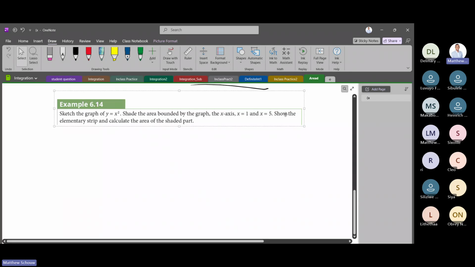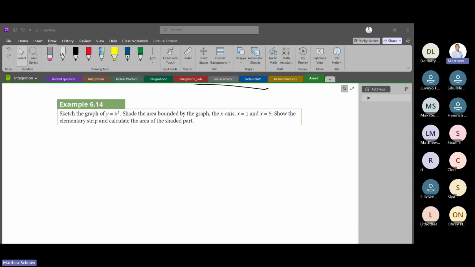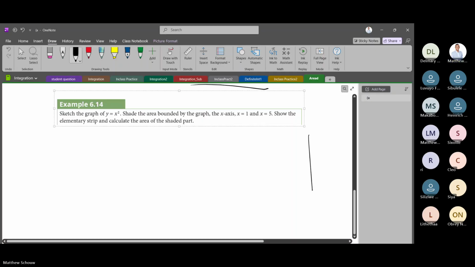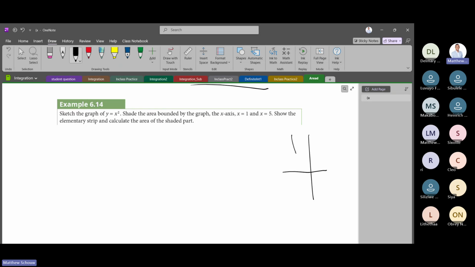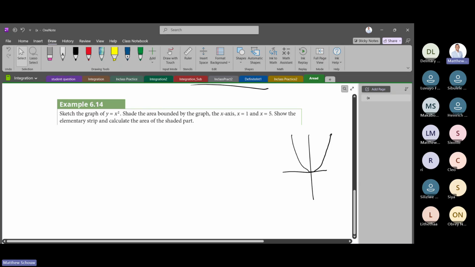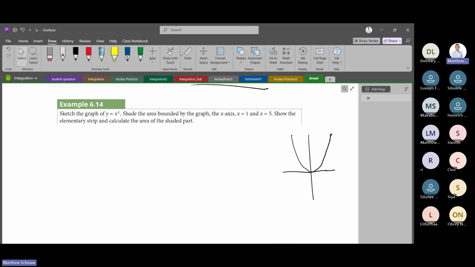x equals 5. If you have some experience, you should know by now that the graph y equals x squared looks like this. There is no y-intercept. And they want you to integrate from x equals 1, which should be around here, to around x equals 5, which could be around there.